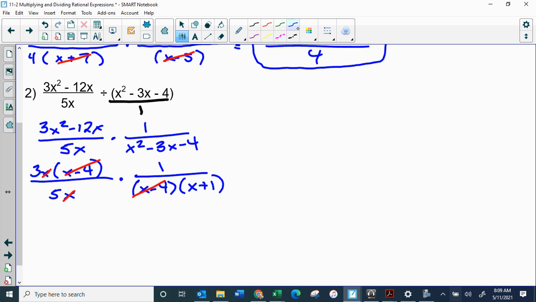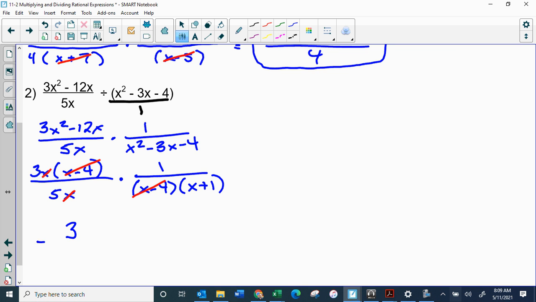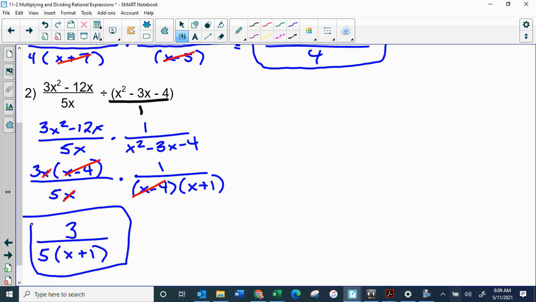And so what I'm left with, let's put this all together. In the numerator, I have 3, and that's it, just the 3 and the 1. And in the denominator, I have 5 times x plus 1. And there we go.